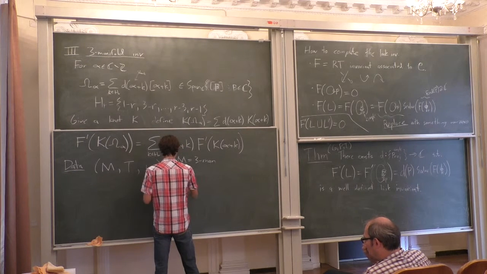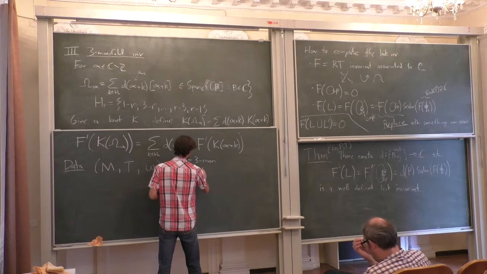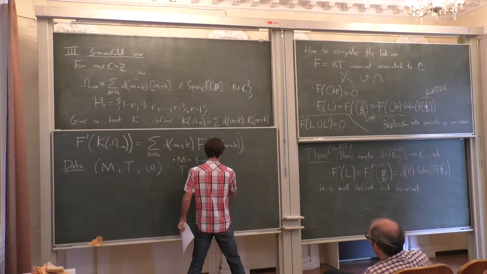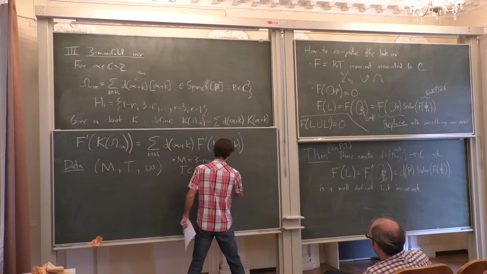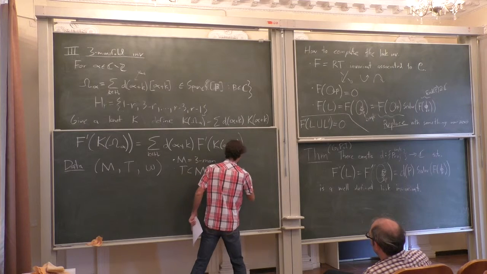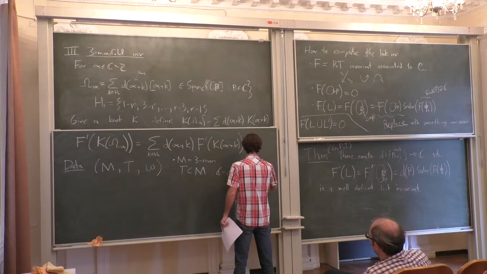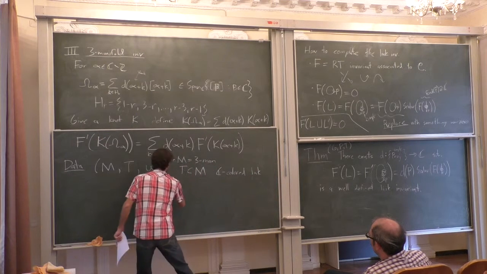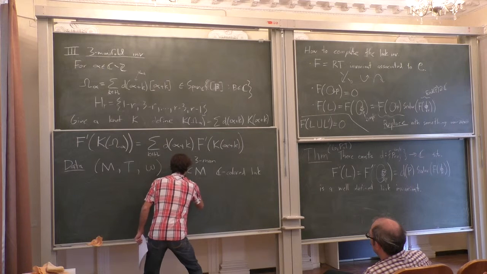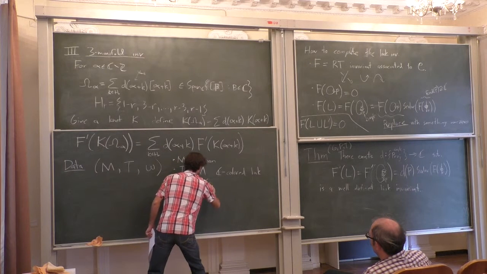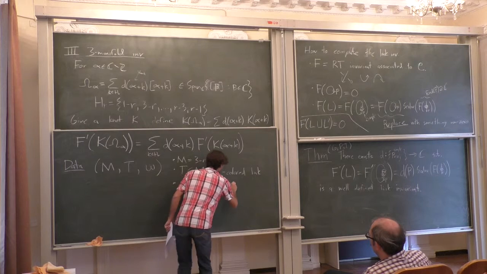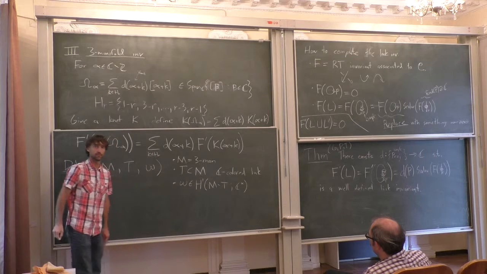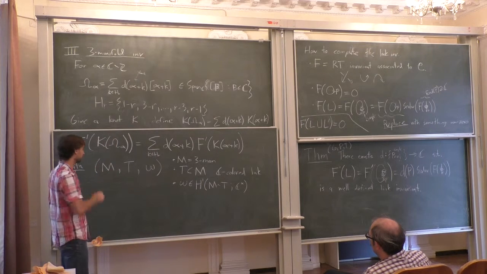I also want T to be inside M, a C-colored link, and I want this to be a cohomology class of M minus T with coefficients in C star. So this is the data that I need for the three manifold invariant.